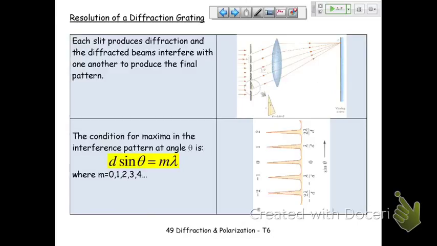Diffraction grating. Why stop at 2 slits? If I had 100 slits, I'd get more light going through it. The whole thing would work better.